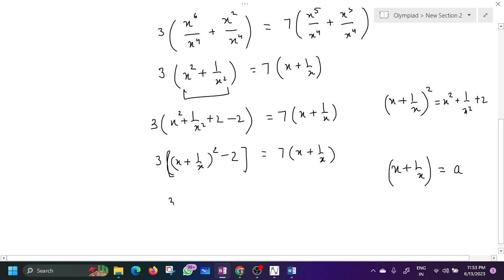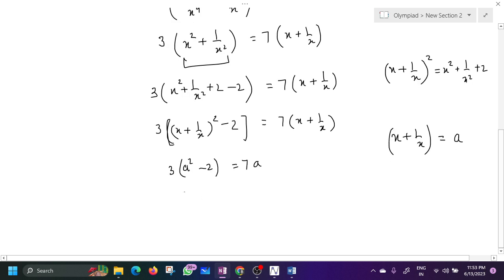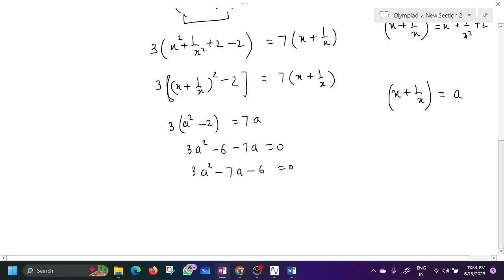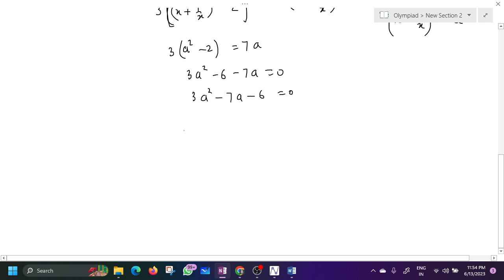So we have 3 times a square minus 2 is equal to 7 times a, or 3a square minus 6 minus 7a is equal to 0, or 3a square minus 7a minus 6 equal to 0. Now we can use middle term splitting to factorize it.